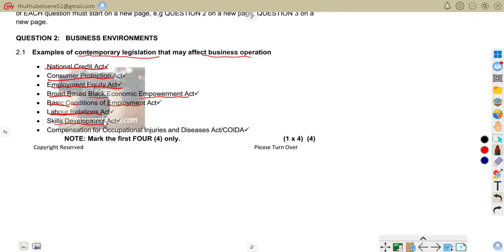Then we have Compensation for Occupational Injuries and Diseases Act, COIDA. It provides benefits for work-related injuries or illness. For example, covering medical costs for an employee injured on the job.